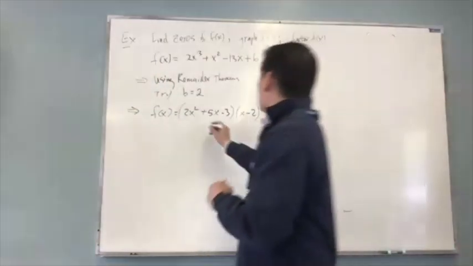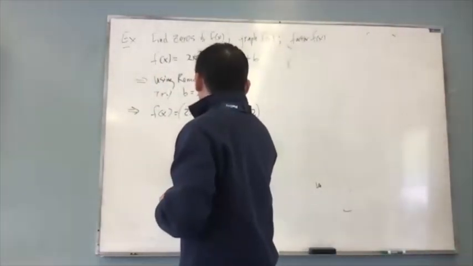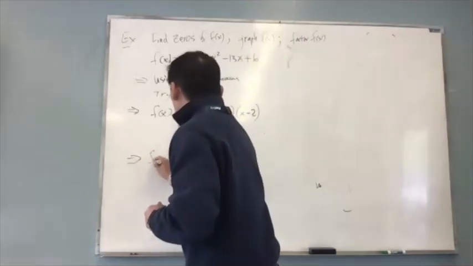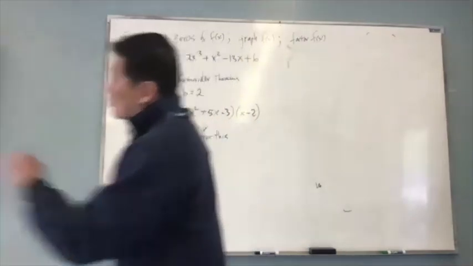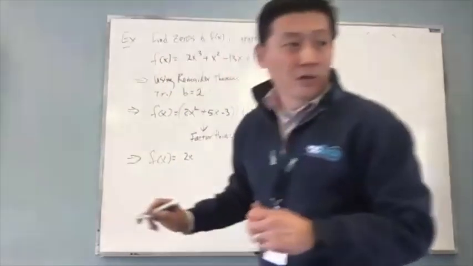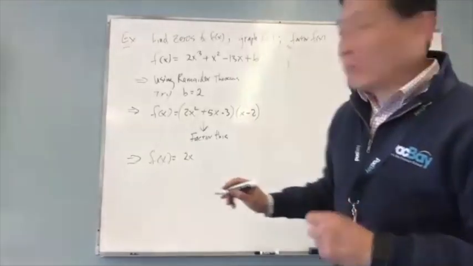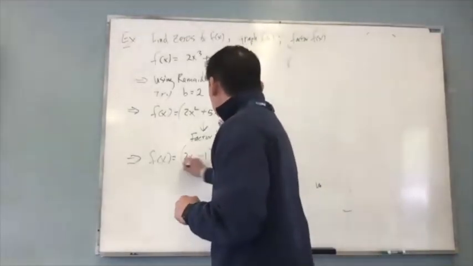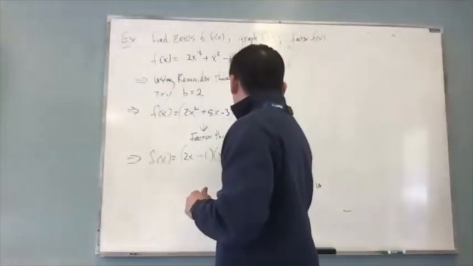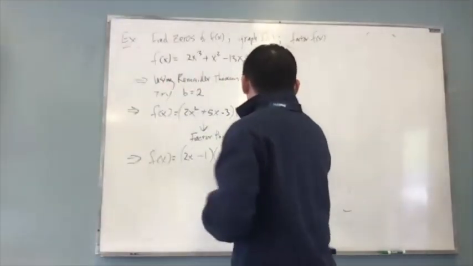But remember, we can factor this. And then we end up with f of x is equal to 2x minus 1, x plus 3, and x minus 2.